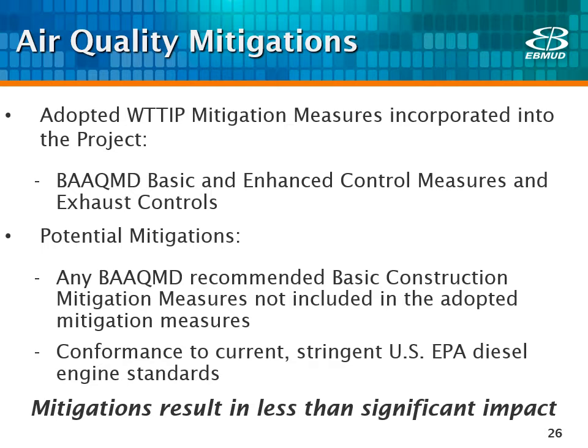We will also require that all construction diesel engines conform to the most stringent U.S. EPA requirements. These require the best available control technology for control of DPM emissions and can reduce emissions by up to 90%. This measure will be compliant with BAAQMD thresholds. With these mitigations, the potential for health risks from exposures to DPM is less than significant.